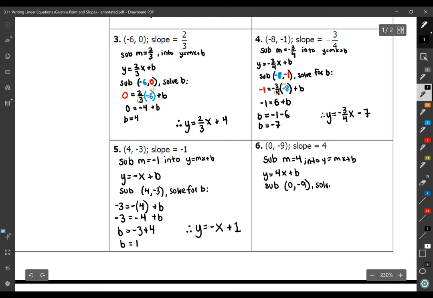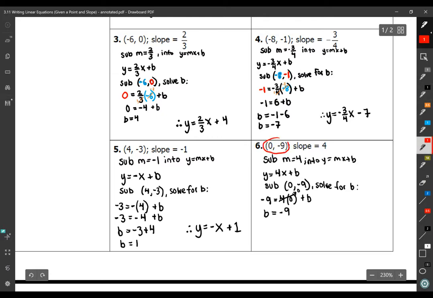We substitute it, and we use that to solve for b. Okay, so negative 9 is equal to 4 times 0 plus b. Now, 4 times 0, or anything times 0, is just 0, right? So we get b is just equal to negative 9.